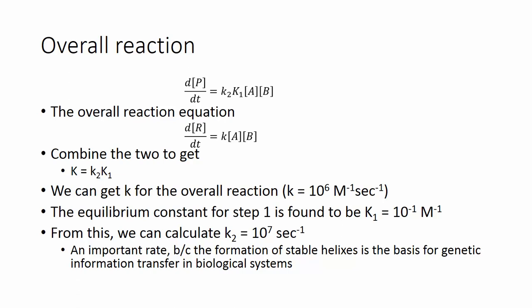The equilibrium constant for step 1 is found to be K1 equals 10 to the negative 1 per mole. So we have two of the three values, and we can easily calculate the third: k2 is equal to 10 to the 7th per second. This is an important rate because the formation of stable helixes is essentially the basis for genetic information transfer in biological systems.